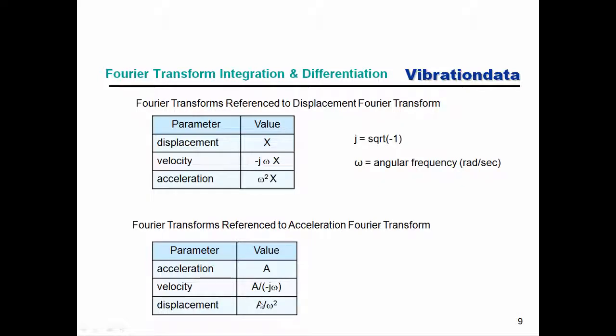Or we can double integrate, and we have our acceleration Fourier transform divided by omega squared to get our displacement Fourier transform. So those tables are a summary of, in the top, the differentiation process, and in the bottom, the integration process. So we can go back and forth whatever we need to do.